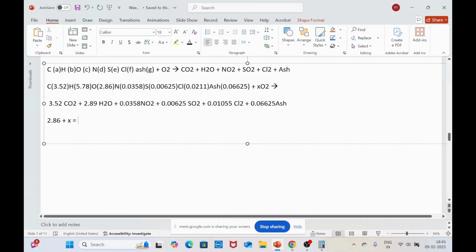Now we are supposed to calculate the number of atoms of oxygen on your product side, or what you get in the flue gas.